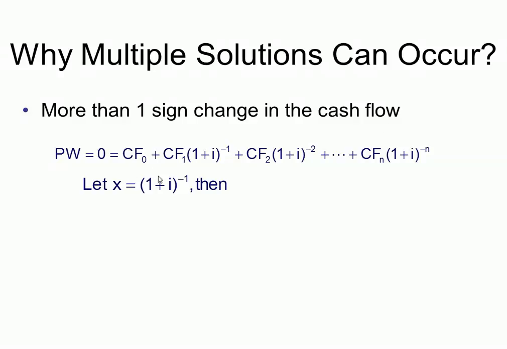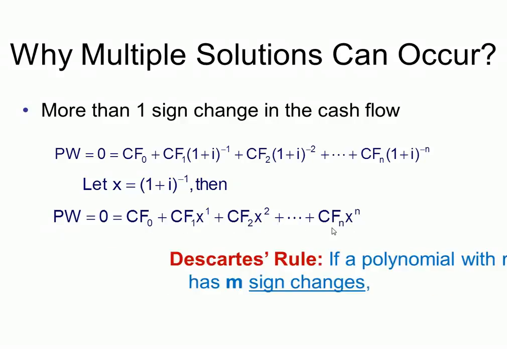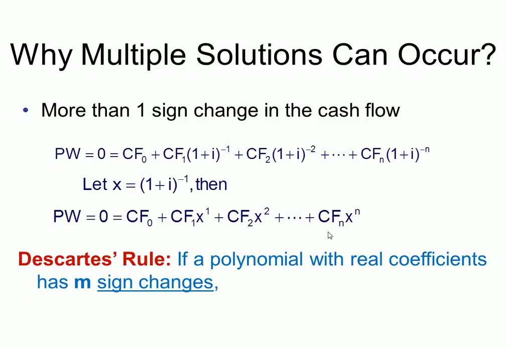If we set (1 plus i) to the negative 1, or 1 over (1 plus i), to be denoted by x, then the equation will look like this. If we have multiple changes of signs in this type of equation, we are going to expect to get multiple solutions.